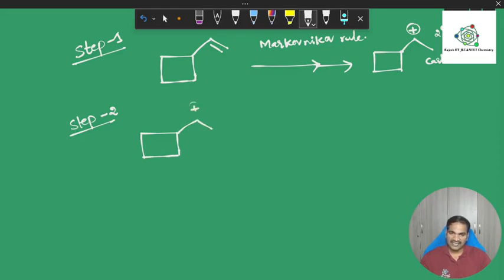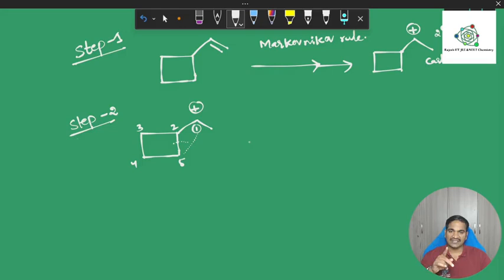Just focus here. I am giving numbering here. This is first carbon, 2, 3, 4, 5. The point we need to focus on is that the bond between the second carbon and the fifth carbon breaks, and this fifth carbon will go and attach to the first carbon.